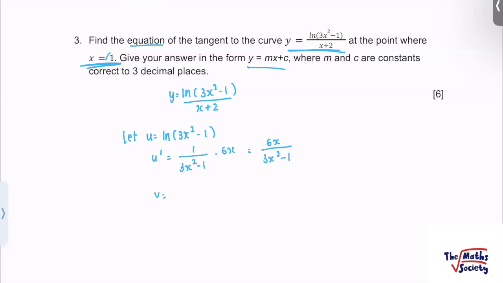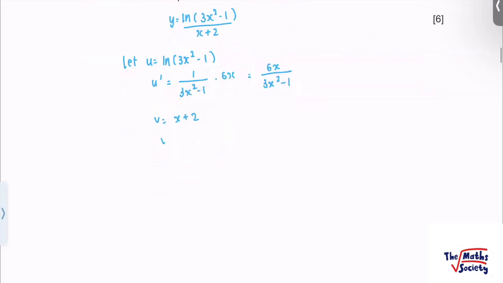v is equal to x plus 2, so v prime is just 1. And dy by dx is going to equal (u prime v minus v prime u) divided by v squared.